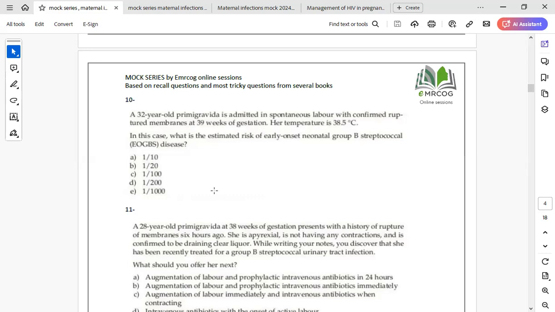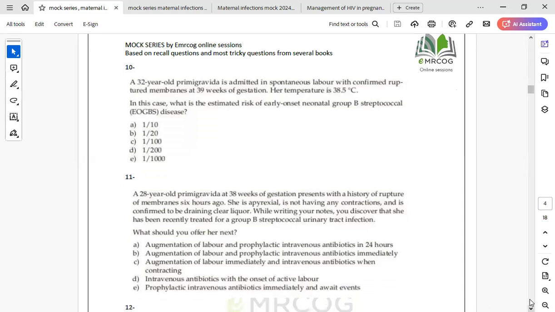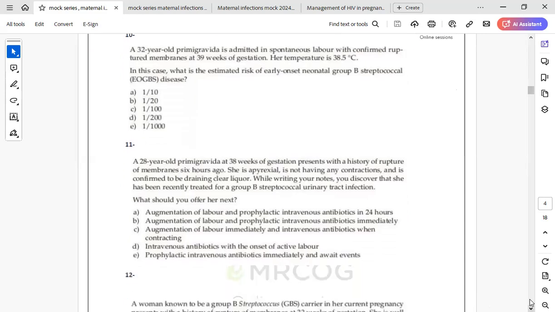Yes, exactly, Dr. Farah. If she came in spontaneous labor, of course, we are going to give her IV acyclovir for her and the baby, and we are going to observe the baby for sure. Anyway, the baby is going to have swabs from everywhere except for the CSF, unless he is having neurological symptoms.